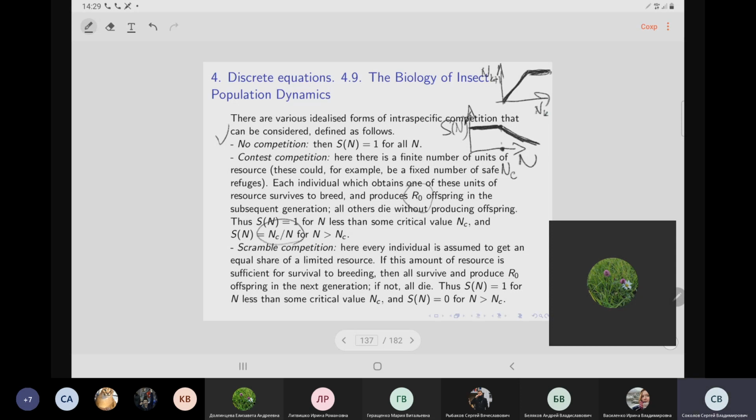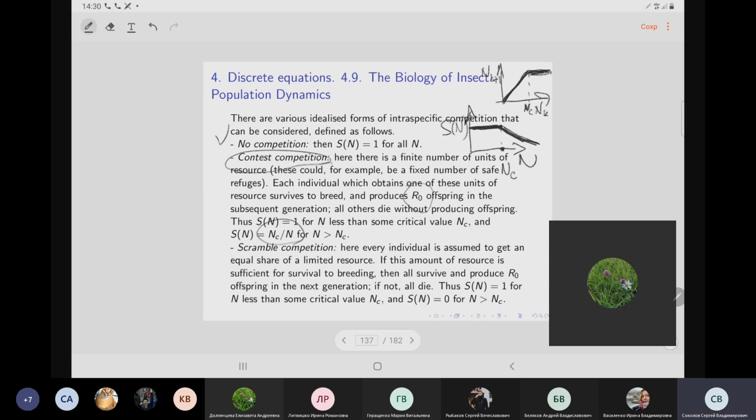So here it is our n critical. It is the contest competition, the contest for resources. Then there is another type of competition called scramble competition.